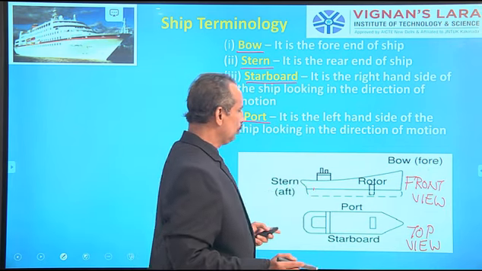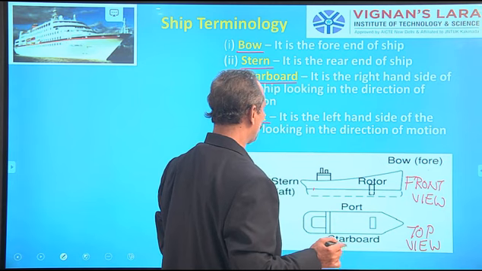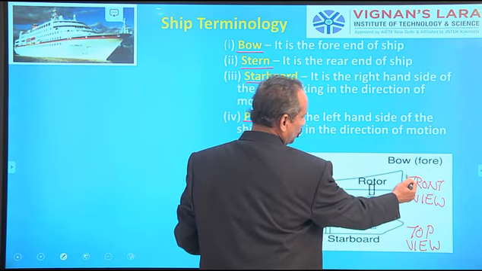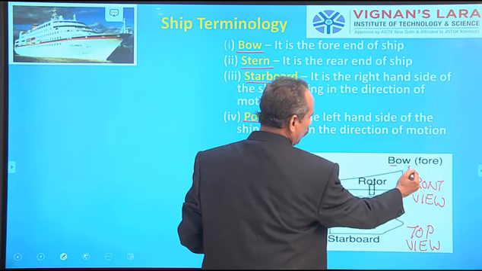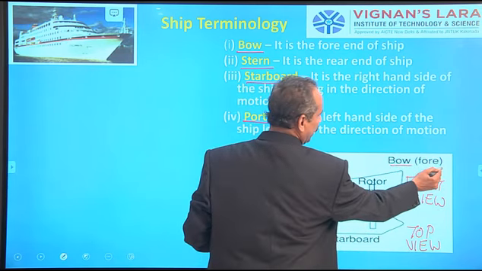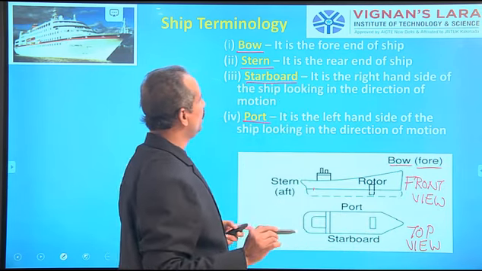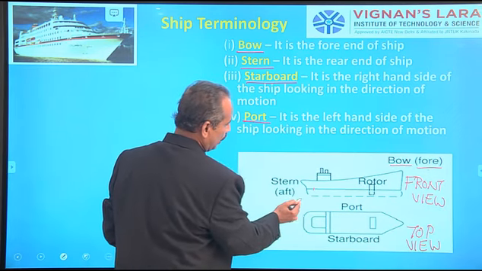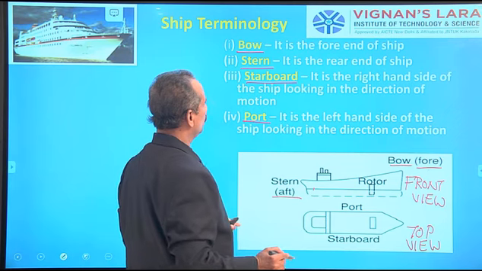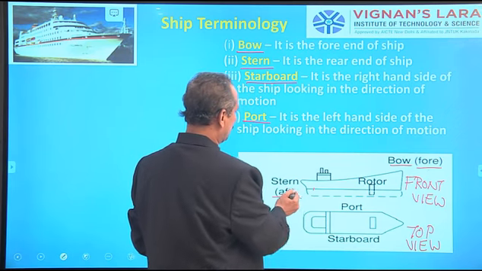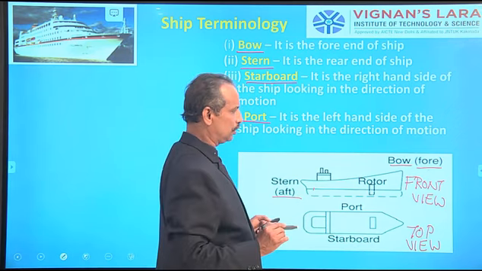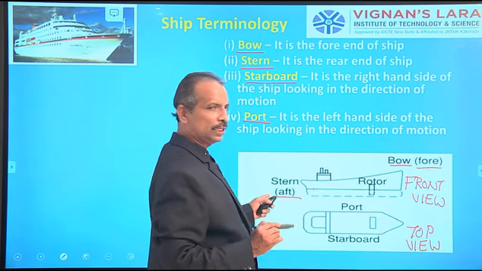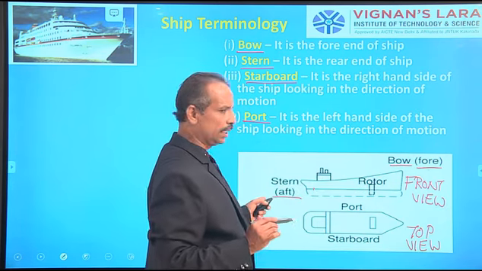If you look at this ship's front view, that front portion is called bow, that is the fore end. Bow is nothing but the fore end of the ship, and the rear end is called stern, also called aft. Bow is the front portion, stern is the rear portion, isn't it?